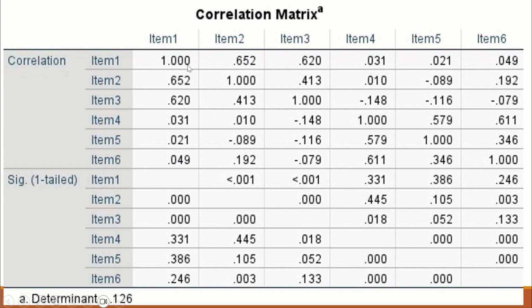So item number 4 is weakly correlated with item 1, and item 1 and 5 is less than 0.3. So the correlation values between pairwise items need to be examined, and the p-value given here should be less than 0.05 for significance, and the determinant has to be greater than 0.00001.